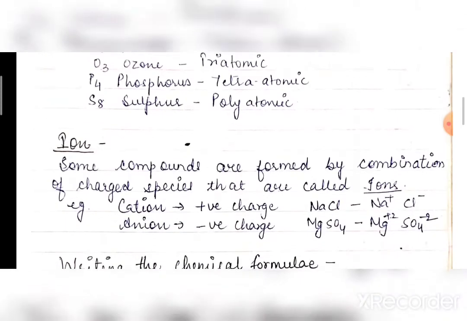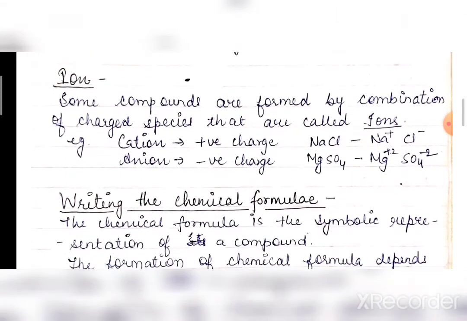Now next we shall come to ion, that is the next topic. Some compounds are formed by the combination of charged species that are called ions. So the charged species, that is having plus charge or minus charge, they are known as ions. The positively charged ions are called cations. The negatively charged ions are called anions. For example, Na+, having charge plus 1, so sodium ion is a cation.